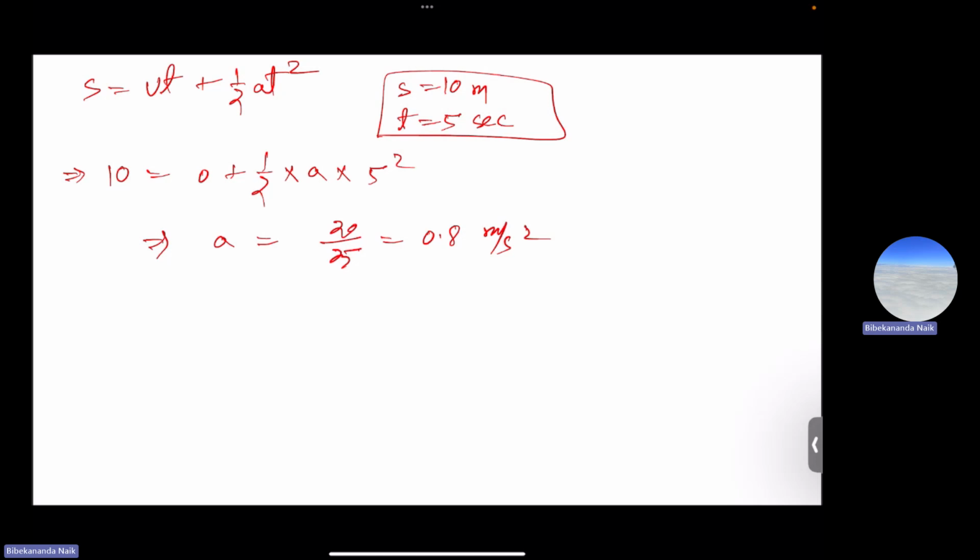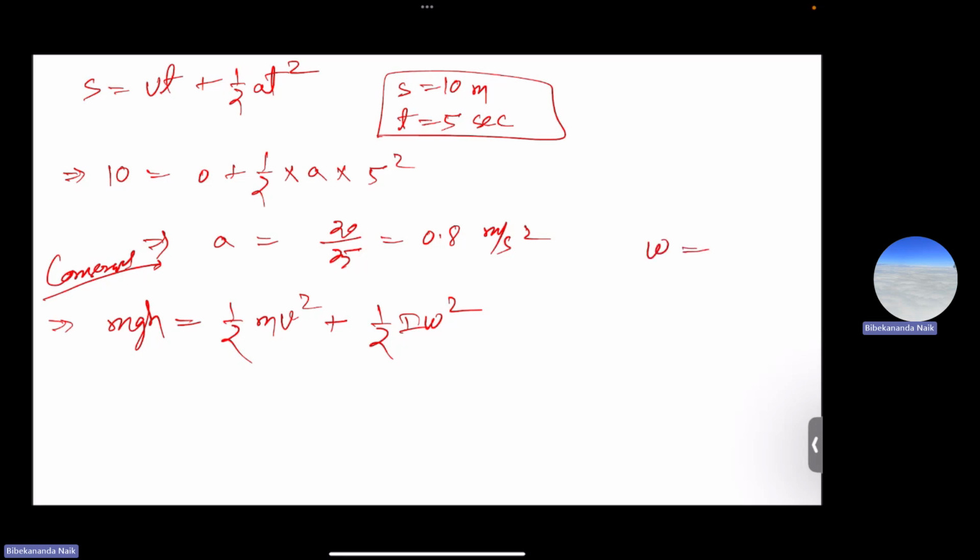Now let's write the conservation of energy equation, that is mgh equals to half mv square plus half I omega square, and omega is v by r.